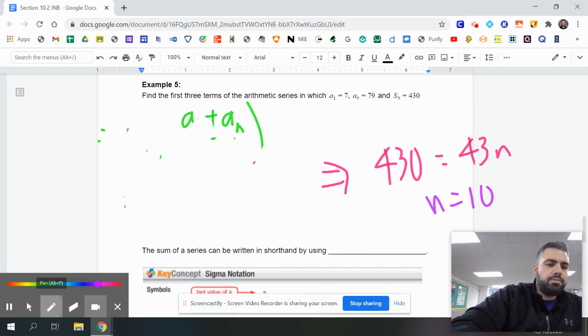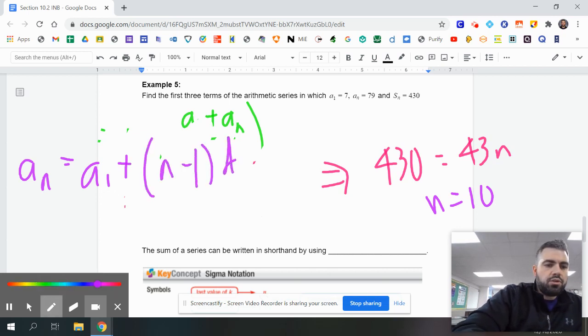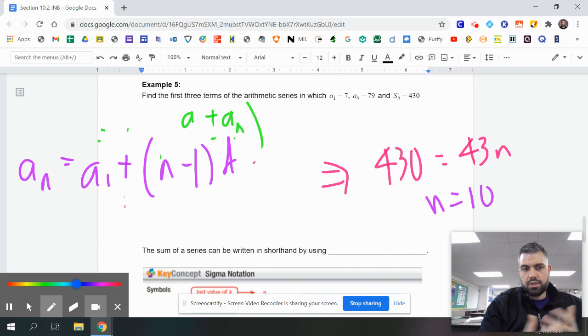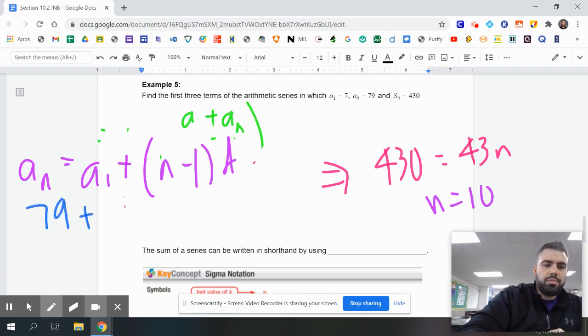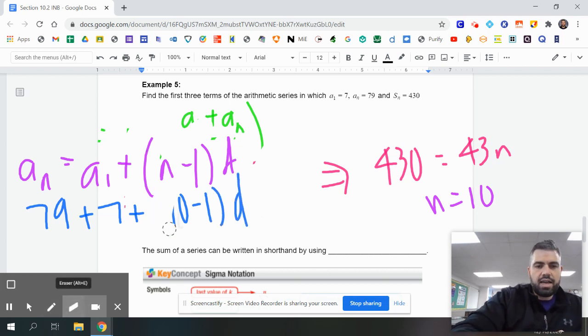Very important to have. a sub n is equal to a sub 1 plus (n minus 1) times d. And now we're looking for d. So we plug in the numbers we know. We know the last term is 79. The first term is 7 plus, well, n is 10, 10 minus 1 times d. Well, we know 10 minus 1 is really just 9, right?